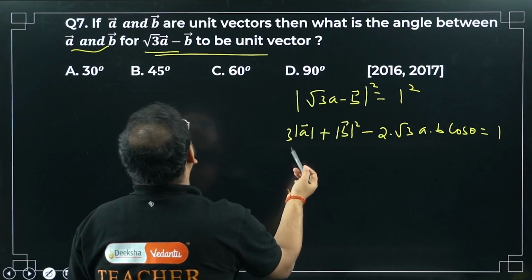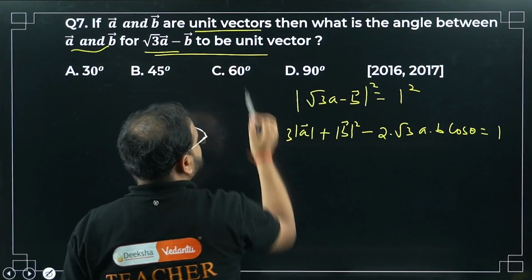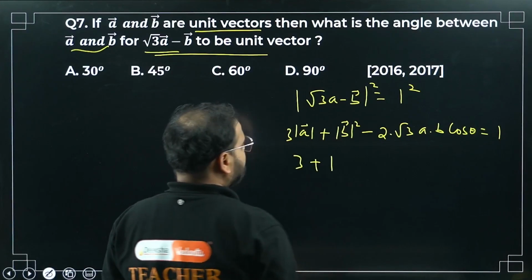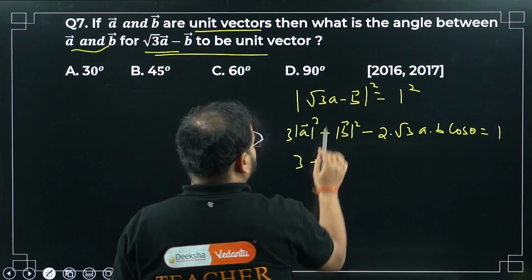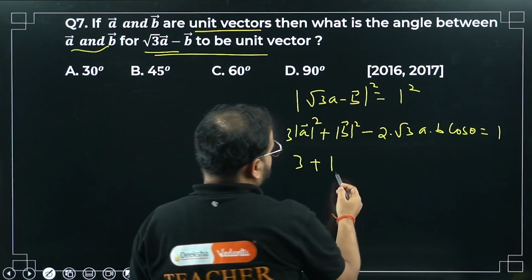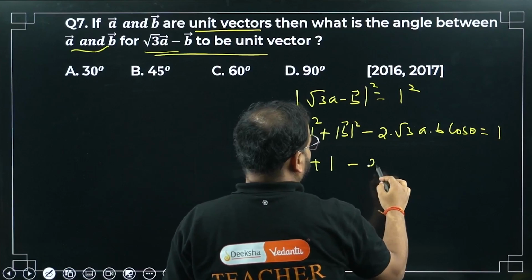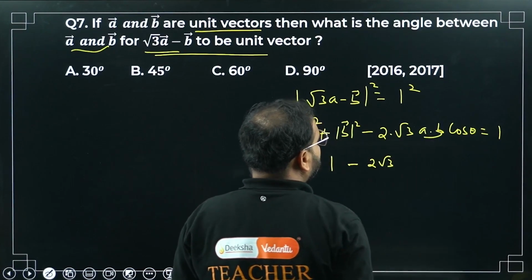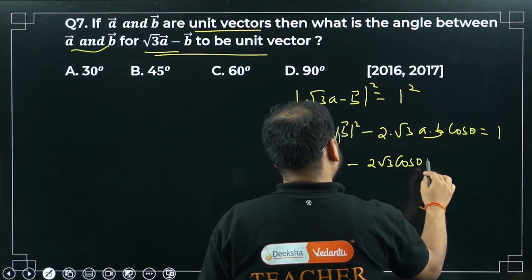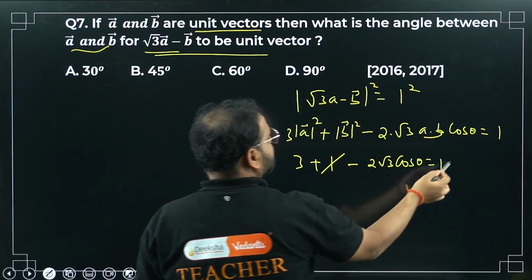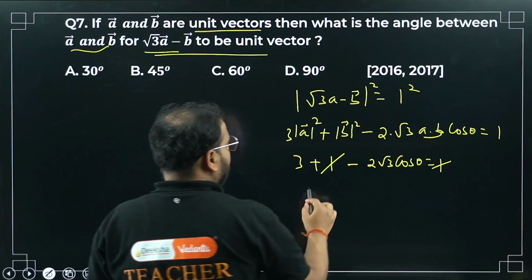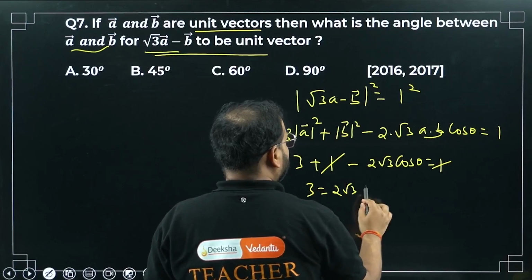Check here, root 3. They are all unit vectors, so it's simply going to be 3 plus 1. A is going to be 1, A square is there, so 1 plus 1 minus 2 root 3, because both are going to be 1 only. Cos theta equals 1. Cancel this 1 and 1. What I get is 3 equals 2 root 3 cos theta.